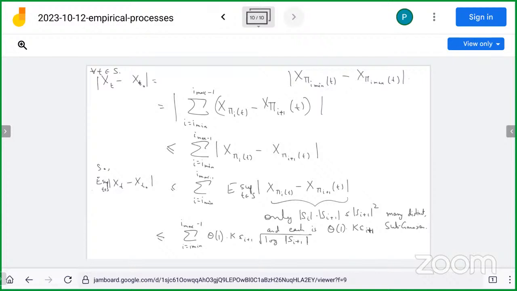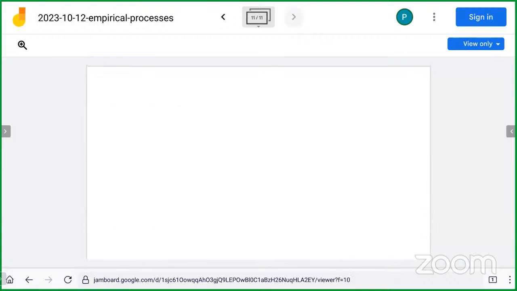So why is that? Epsilon I plus 1 was 2 to the minus I plus 1 or something.